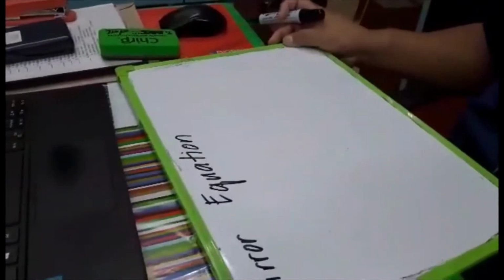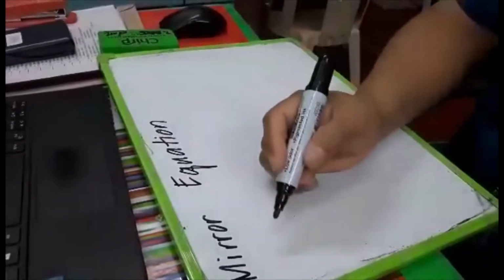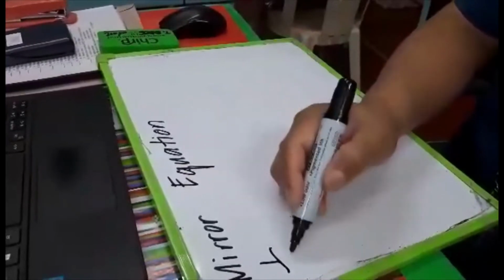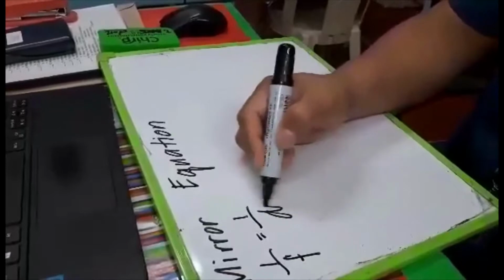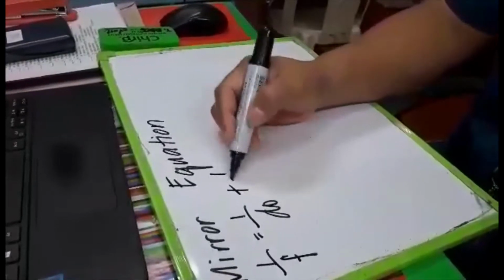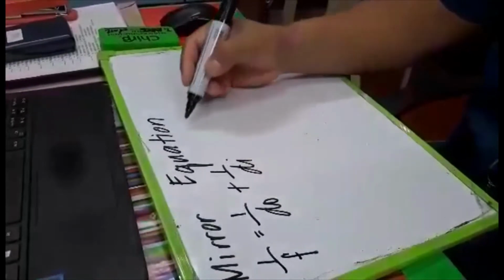Ang aking topic ngayon is mirror equation. So, ano ba yung mirror equation na sinasabi natin? So, we have mirror equation. Ano ba yung equation natin? So, we have 1/F is equal to 1/DO plus 1/DI. Ano ba yung F?